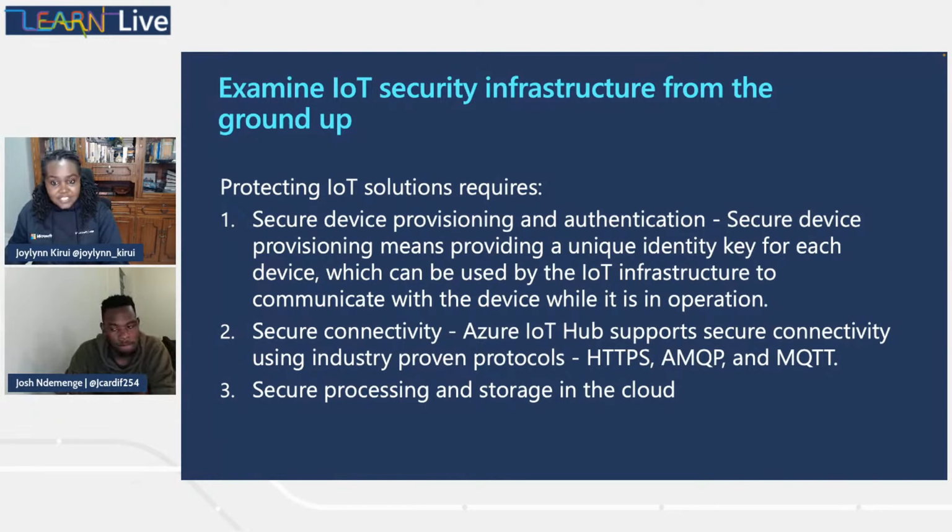That's why the Azure IoT Hub offers a fully managed service that enables reliable and secure bidirectional communication between IoT devices and Azure services, such as Azure Machine Learning, Azure Stream Analytics, Cosmos DB, etc. So you need to make sure that you're securing your device provisioning, that you have secure connectivity throughout, and that you have secure processing and storage in the cloud.